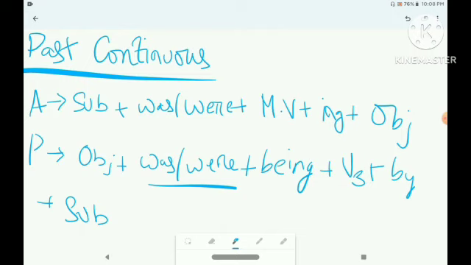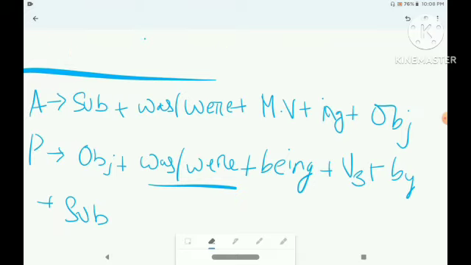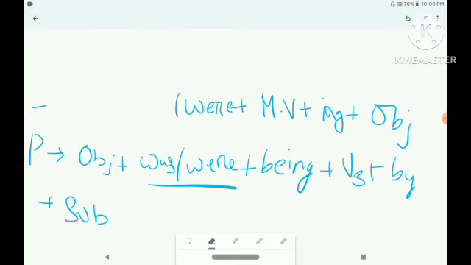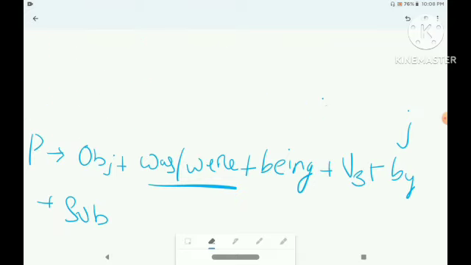Good. So now I will take a sentence to make this more clear to you. If any doubts remain, please comment so that I can clear it out. Next, we will be using a sentence.